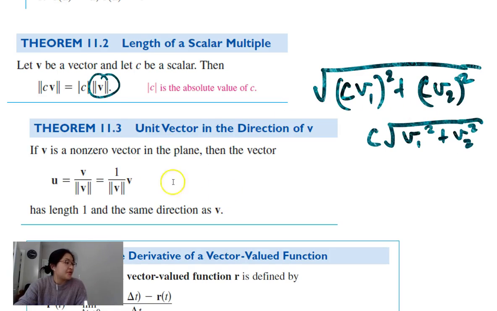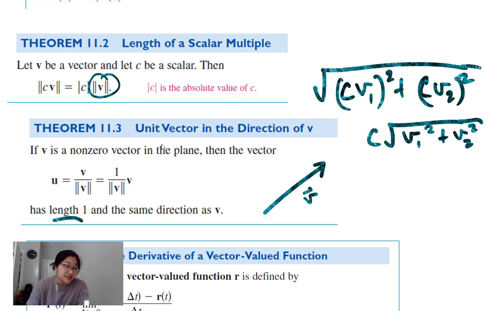And one other thing is the unit vector. The unit vector has to have a length of 1. So how do you make sure that you have a length of 1? You can take the vector v, right, that's our vector v, and then scale it down, or scale it up, depending on how big it is, by how long it is.